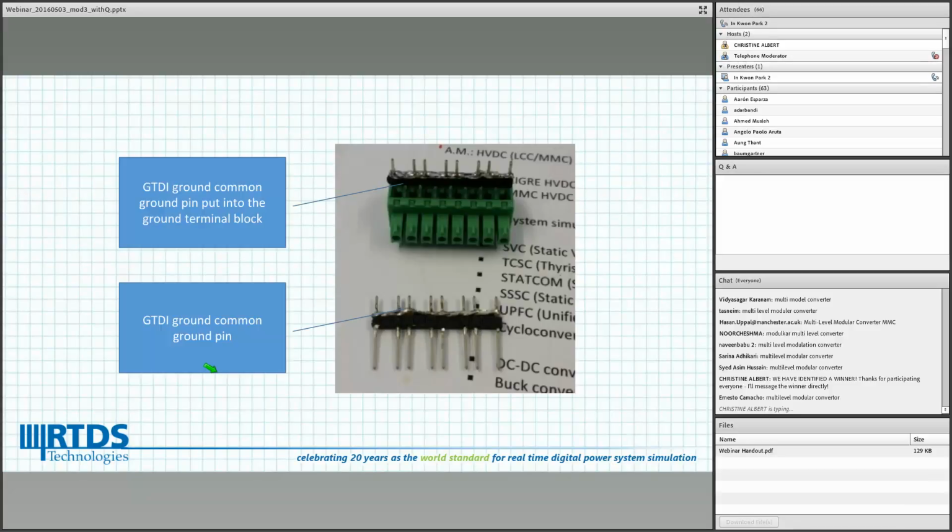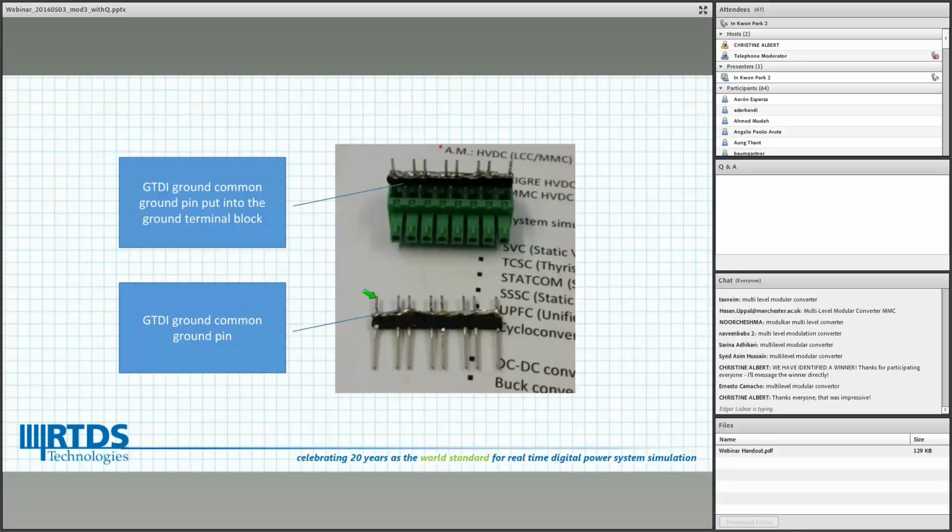Before going into the demonstration, I want to point out one more preparation you need to do in order to create the same circuit as I have on my desk, which is the common terminal block for the GTDI card ground. I believe you have a soldering iron, solder, and a small piece of wire. Then by using the pin header and your wire clipper, you can create a small piece of common ground like this.